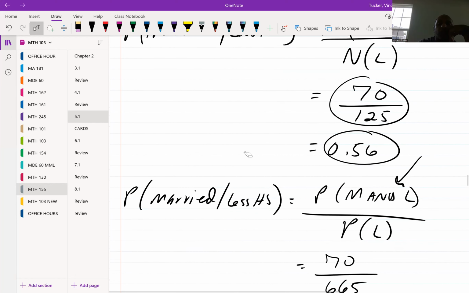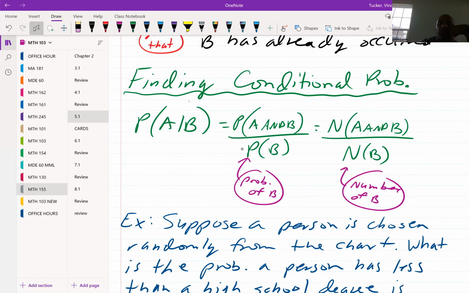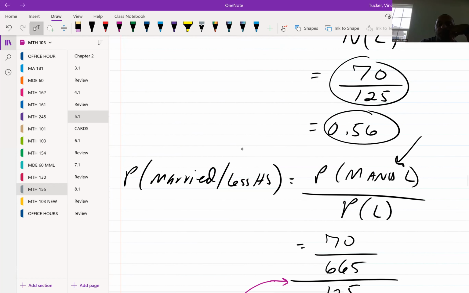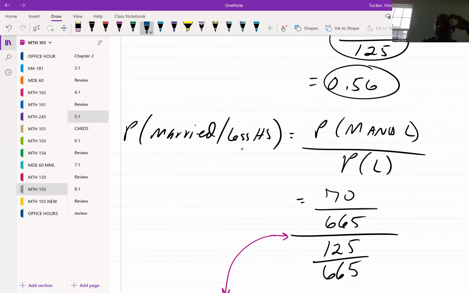I also showed you that you can use the probability of or the number of. Either way, you'll get the same answer. If we were doing the probability of people married with less than a high school degree, and then the probability of people that have less than a high school degree, you take that 70 and put it over 665, the total number of people altogether, and then take the 125 and put it over 665.